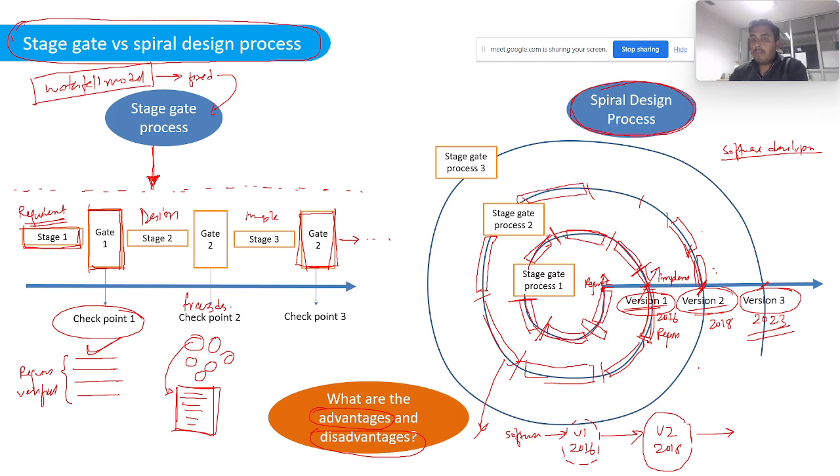For software development you do not require machinery or raw materials, right? So your development is not limited by the availability of raw materials or machinery.